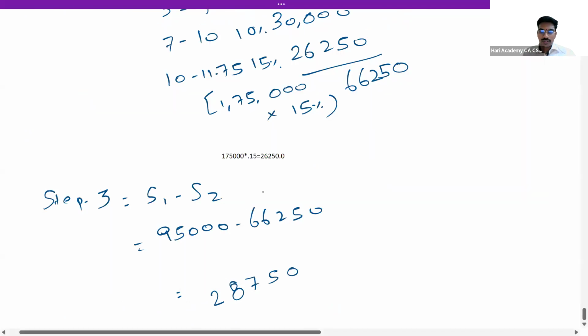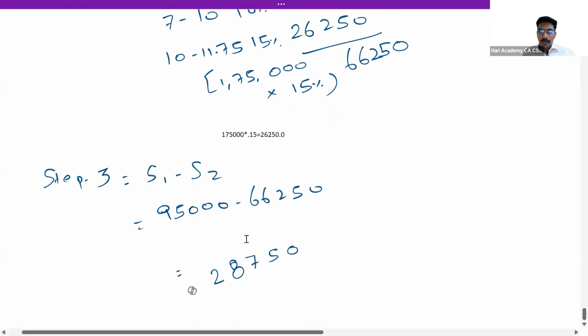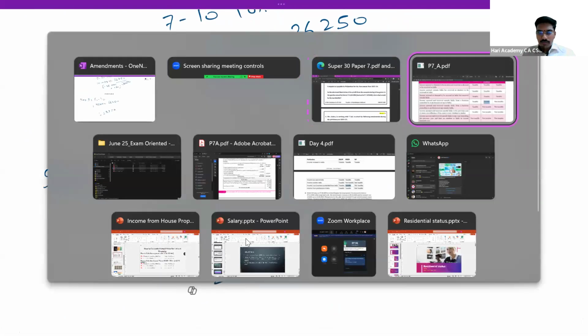This is going to be my difference. But I think there is some problem with this. Wait, my computation is wrong somewhere.